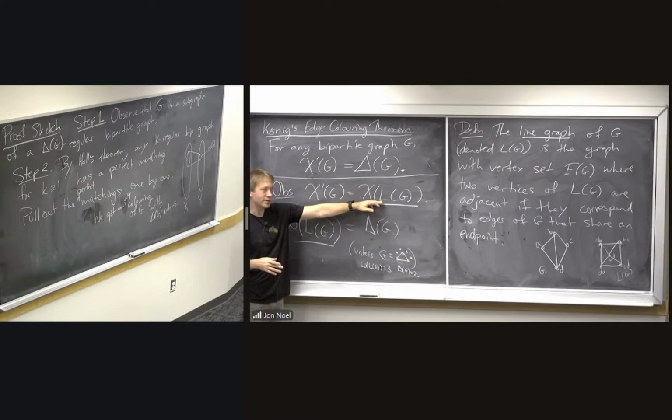Because what is an induced subgraph of the line graph? It's the line graph of a subgraph of G. Because it's like, take some edges of G and make a line graph based on those edges.